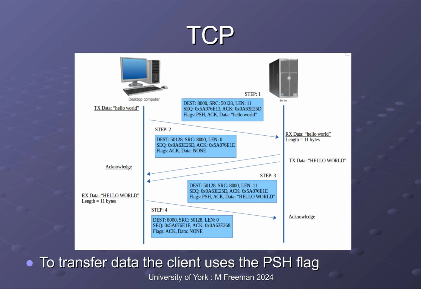That data will be received and buffered on the server, but you only want to send that data up to the application layer when you've sent a chapter or something, a reasonable chunk of data. And that's when the push flag will be set. So don't think that all data packets have to have the push flag set. That's not true. It's that signal to push the data to the server. Okay, so in this case here, it will be set because our string hello world does fit within one packet.